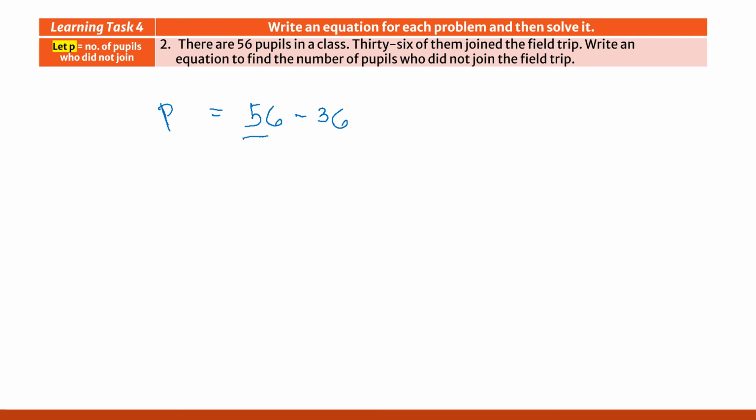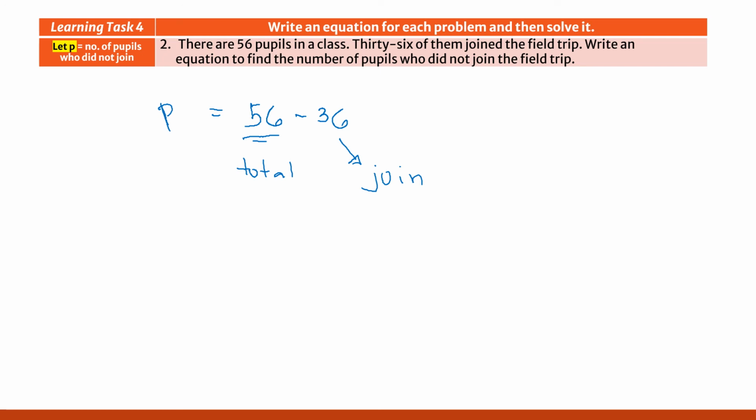Yung 56, total number. Okay? Total number of pupils in a class. Nagkataon, yung 36 daw ay nag-join. Okay? So, sa makatuwid, eto ngayon ang equation. P, being the number of pupils who did not join the trip, ay equal sa 56 minus 36.